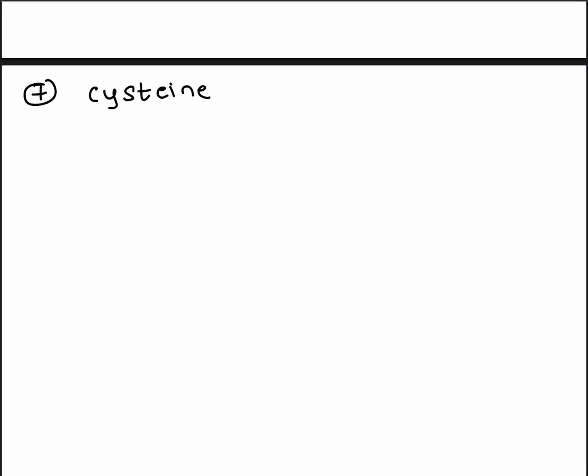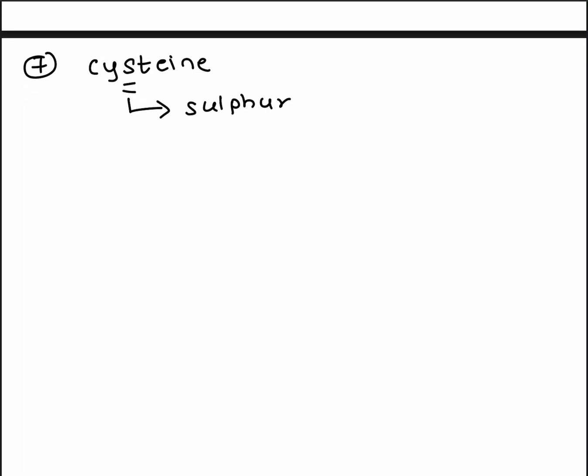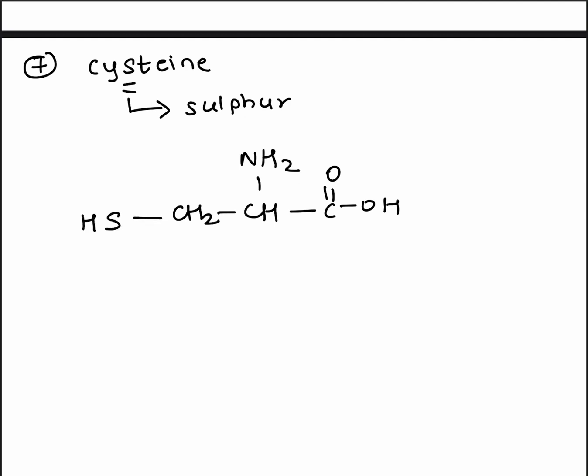How to remember cysteine: cysteine में S है तो S से हम लोग will call it a sulfur containing amino acid. Nothing but we have to again draw alanine, CH2 CH C double bond O OH. Here we have the amine, and here just draw SH.